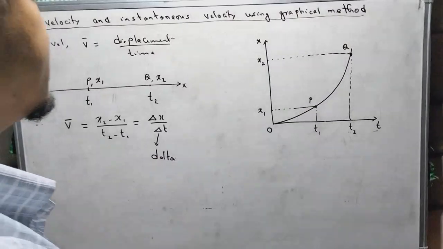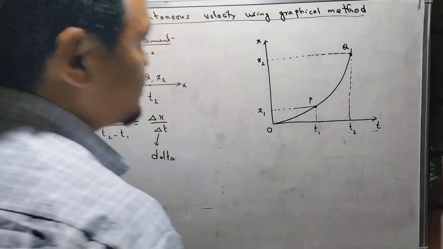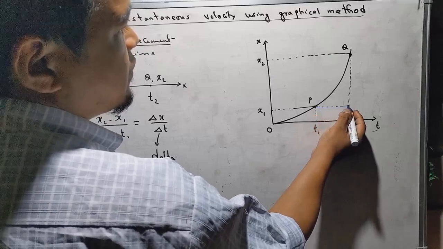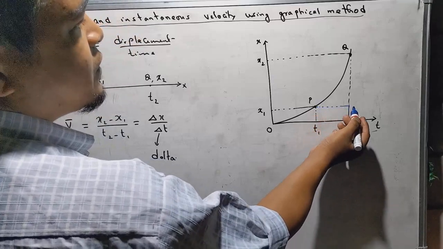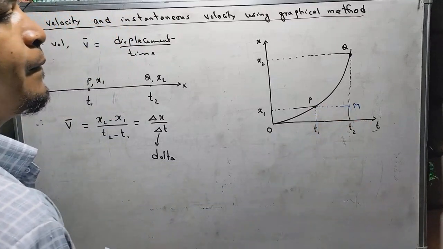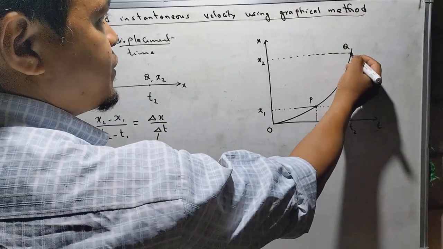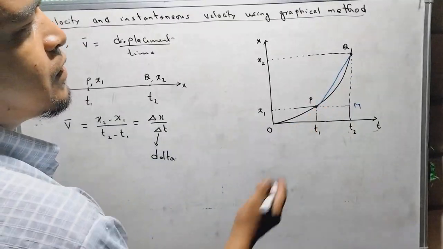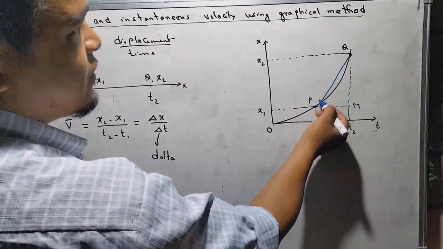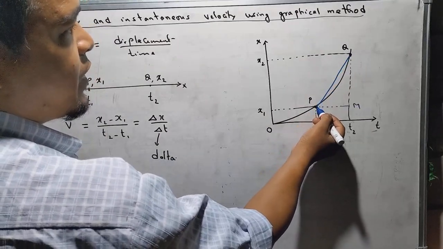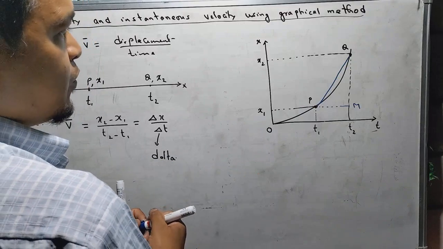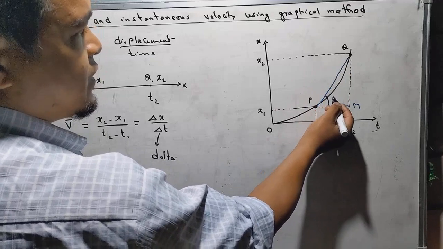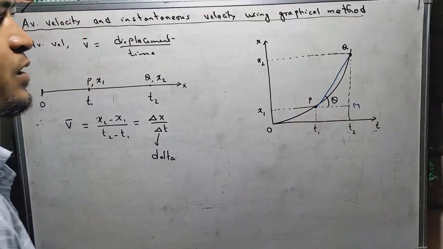Next, if you drop a perpendicular from point P on this line, then you will get this point M. Next, I join point Q and point P like this. This blue line is a straight line joining point P and point Q. Now, let us say that this line PQ makes an angle theta with respect to the horizontal.